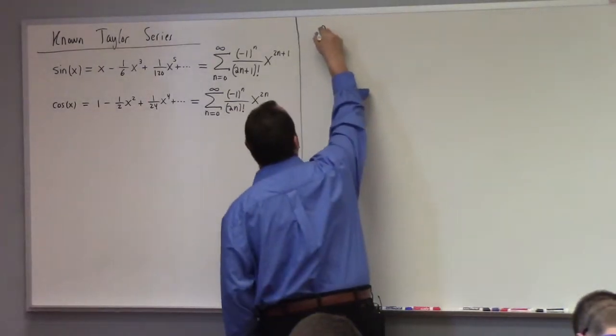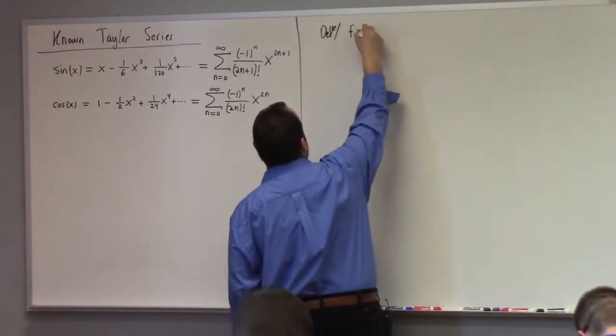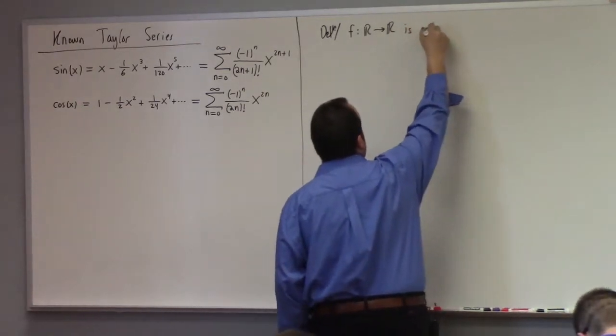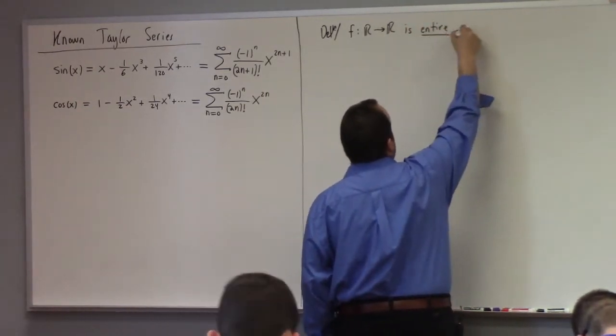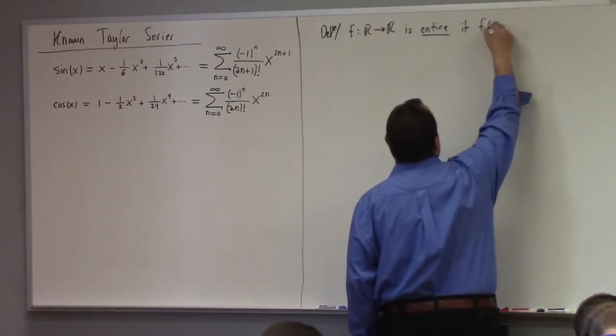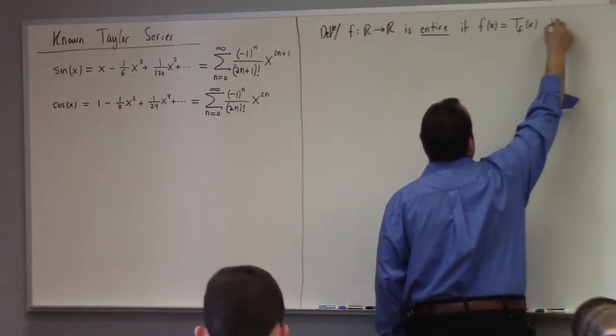Definition: f, a function from the reals to the reals, is entire if f of x is equal to the Taylor series of f of x for all x in the reals.